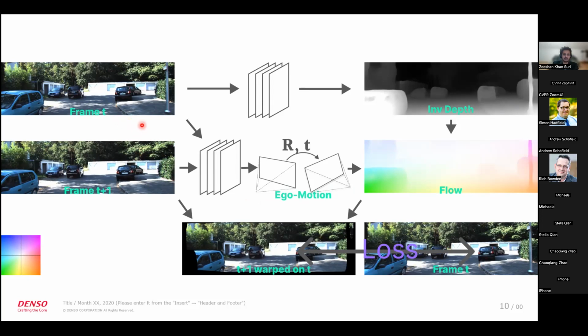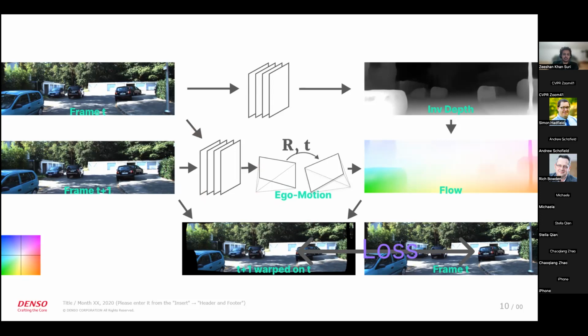And for this, you don't know the actual motion or the relative pose between these frames. So they introduce another network, a pose estimation network, which takes in the consecutive frames and outputs an ego motion between them. That's mostly the only difference with respect to the stereo setting.